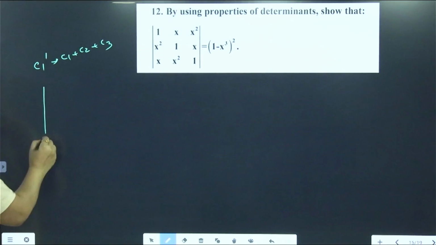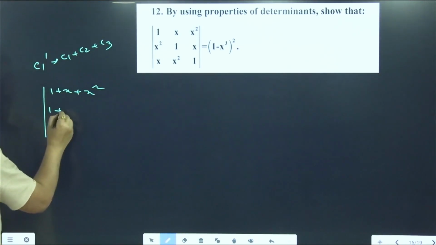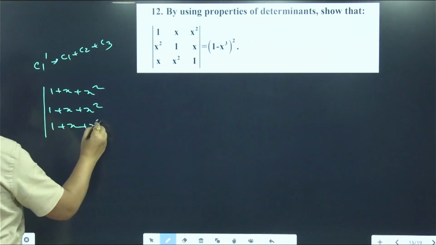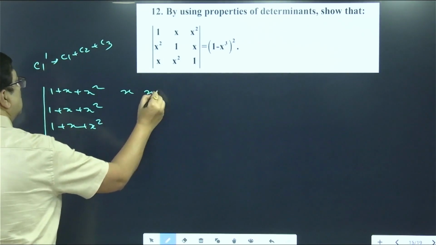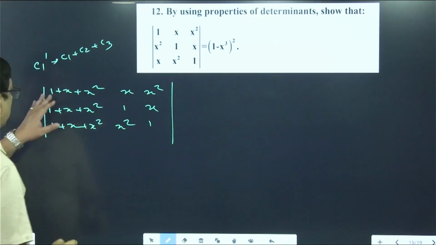So if we operate on C1, that is 1 plus x square, 1 plus x square, 1 plus x square, and the other columns as they are.